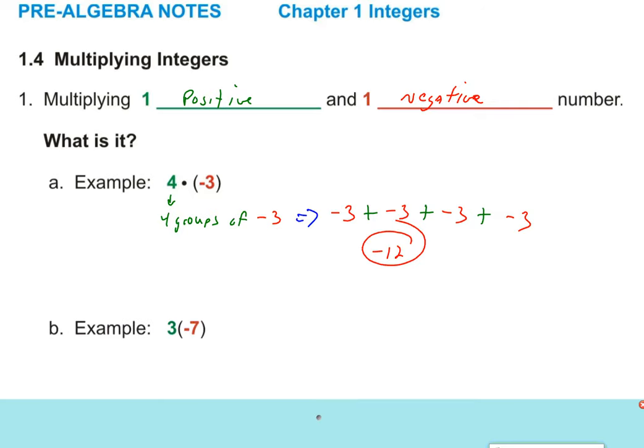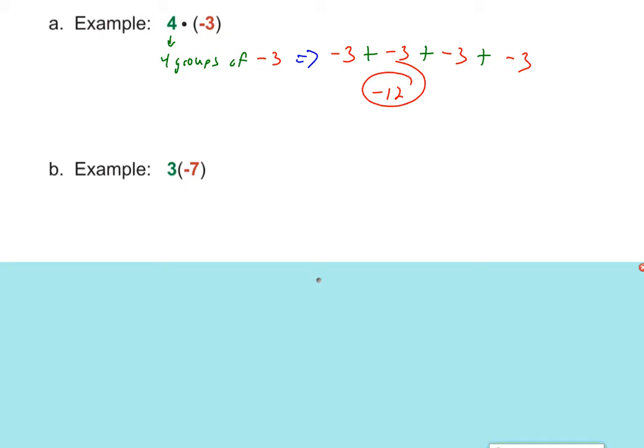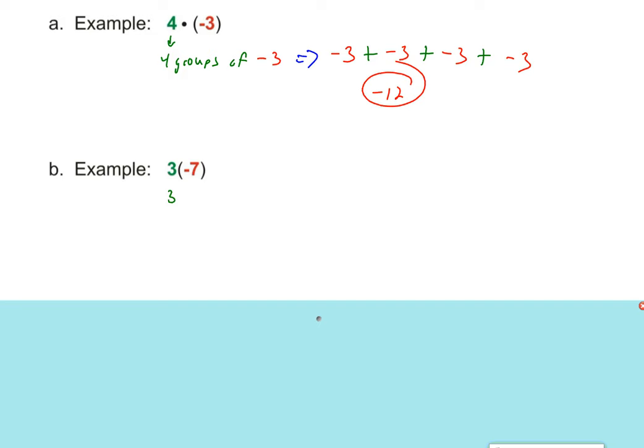In the second example, it's the same situation, right? So in this one, we have 3 groups, right? And 3 groups of what? Negative 7, right? So in this one, it's the same as negative 7 plus negative 7, there's my second group, plus negative 7, there's my third group.